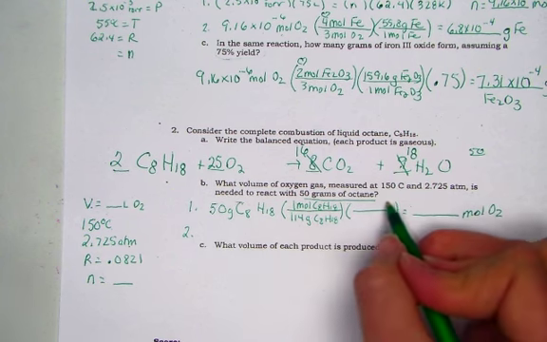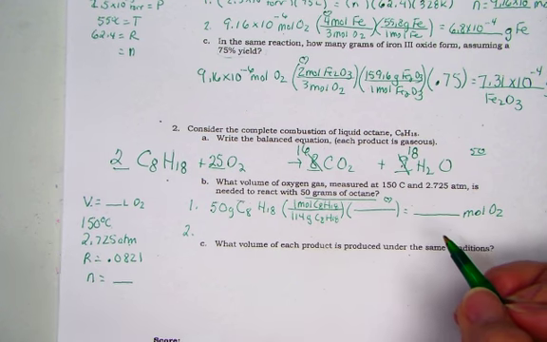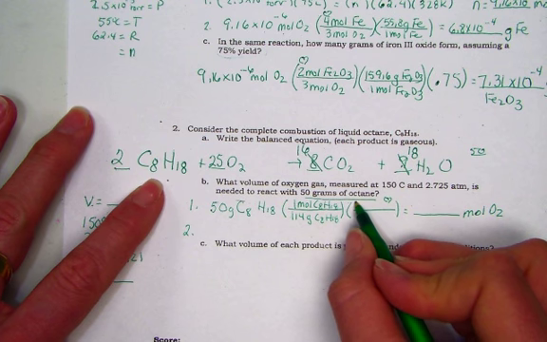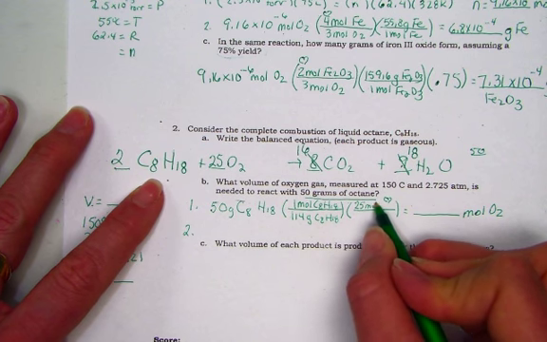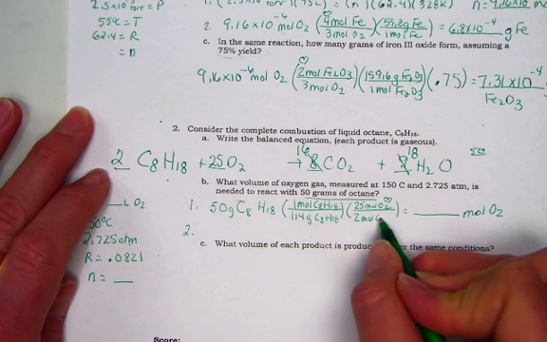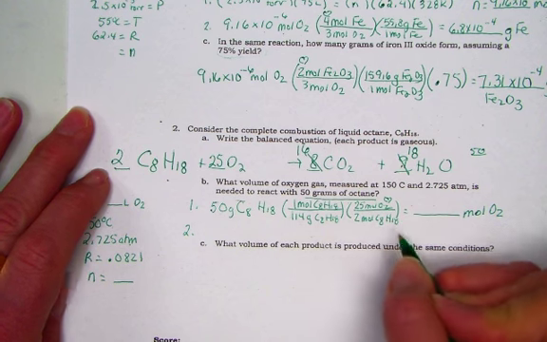We go to the heart of our problem next, the want over given ratio. We want to know the oxygen. Its 25 coefficient gets placed on the top, set over the 2 moles of the octane, C8H18.